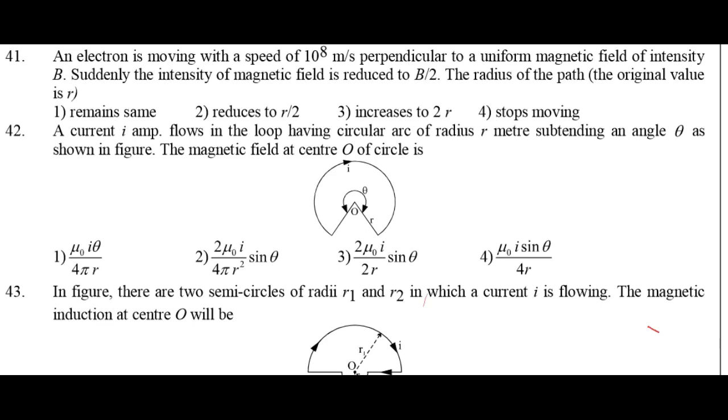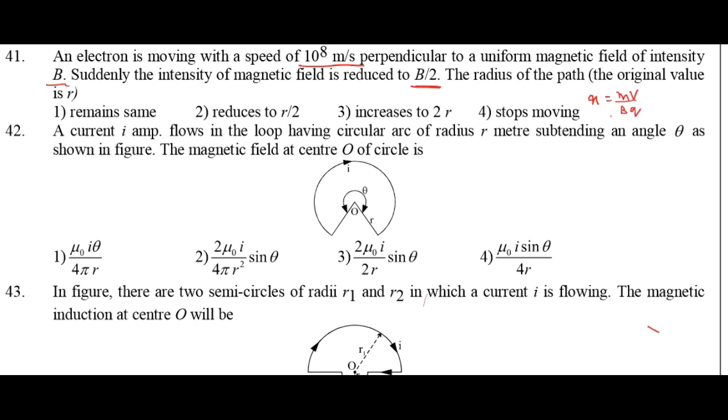An electron is moving with a speed 10 power 8 meter per second perpendicular to the uniform magnetic field of intensity B. Suddenly, the intensity of the magnetic field is reduced to B by 2. The radius of the path? R is equal to mv by Bq.